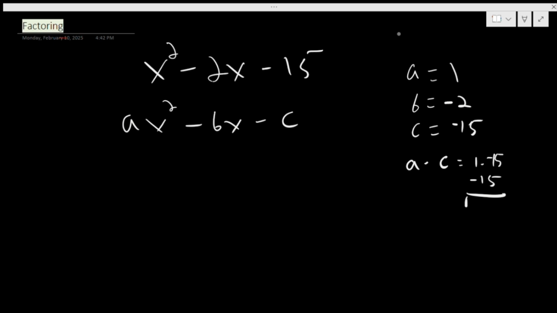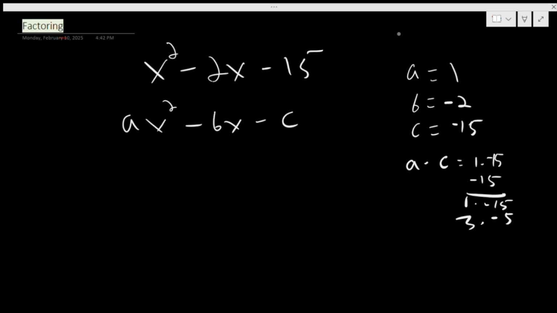We have 1 times -15, but 1 plus 15 is 16, or 14, not -2, right? So then we have 3 times -5, which gives us -15. And 3 minus 5 is actually -2. So we just found our values right there.